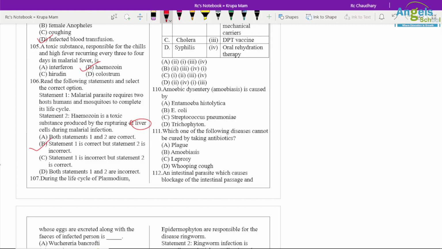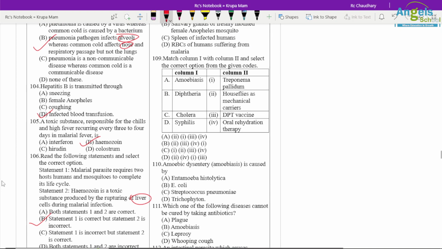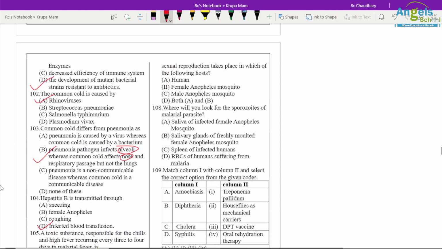107. During life cycle of Plasmodium, sexual reproduction takes place in which host? So primary host is female Anopheles mosquito. Where will you look for the sporozoites of malarial parasites? A salivary gland of freshly mounted female Anopheles mosquito.